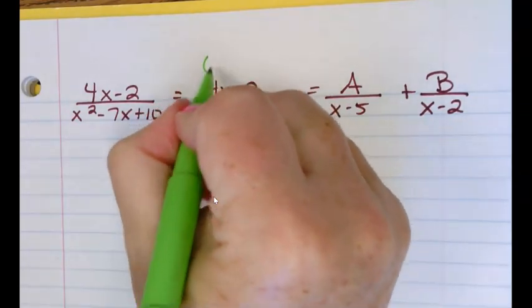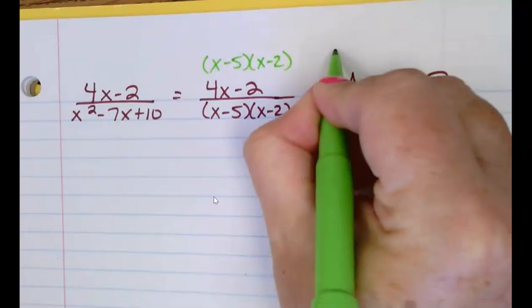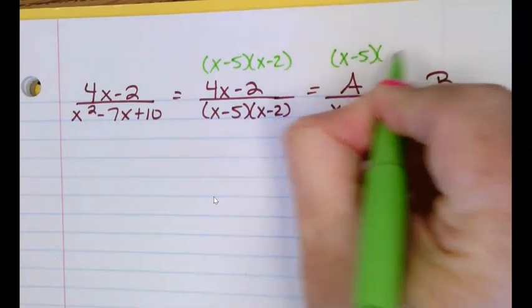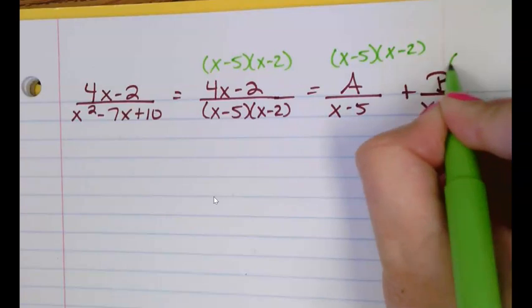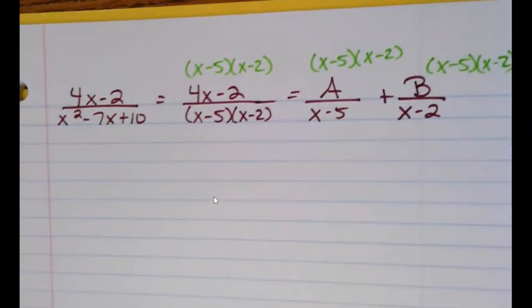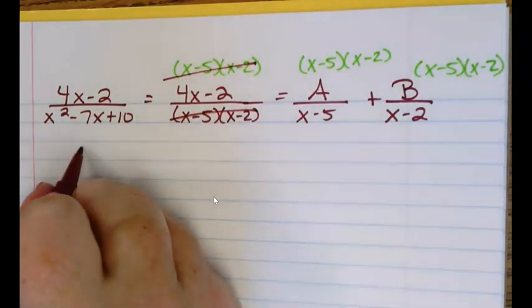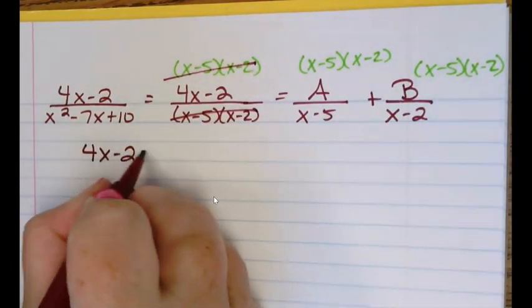So remember, we're going to multiply x minus 2. Okay. So these and these cancel out, so we're left with 4x minus 2.